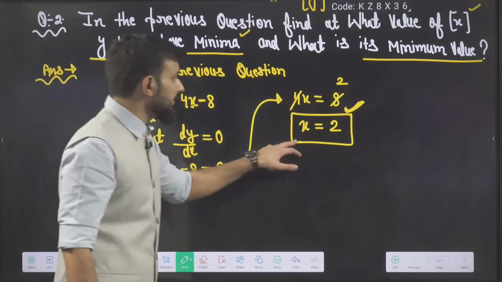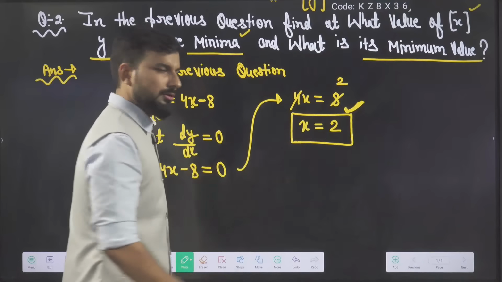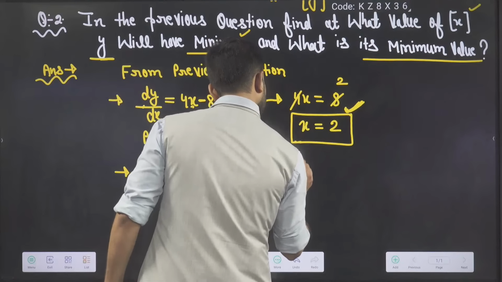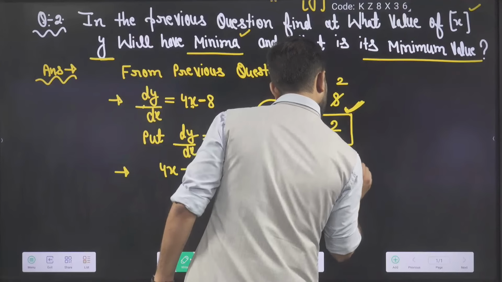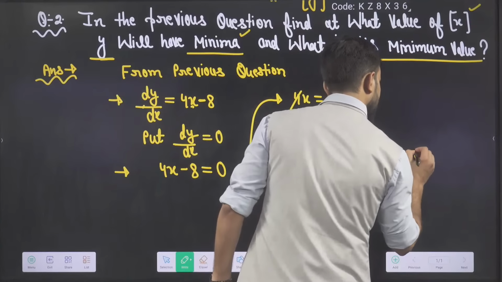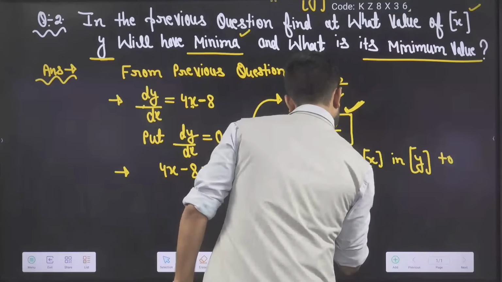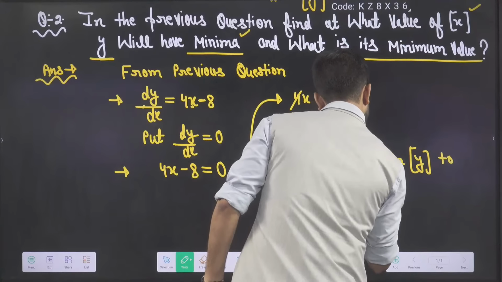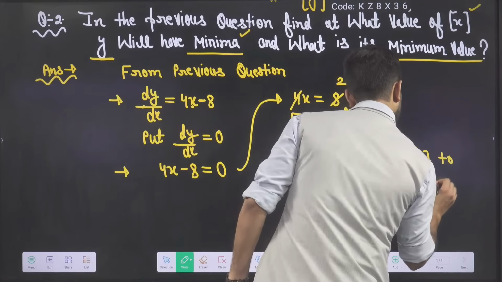So this x value I will substitute in the function. Put the value of x in y to find its minimum value.